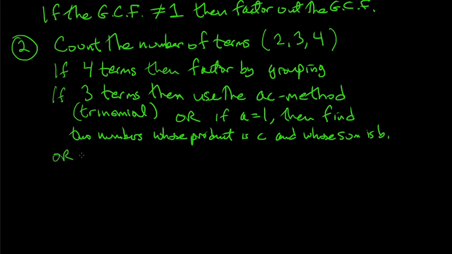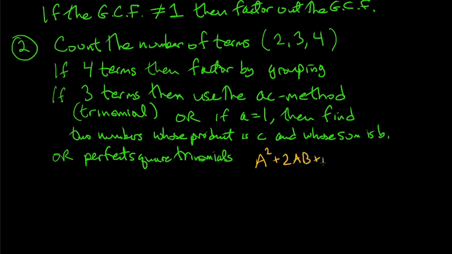And third, the last method for trinomials are the perfect square trinomials. And again, this doesn't always work. They have to be in the very specific form. And those forms are, I'll write it here, a squared plus 2ab plus b squared is equal to (a plus b) squared.